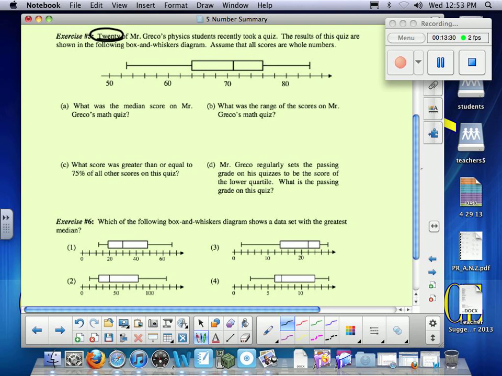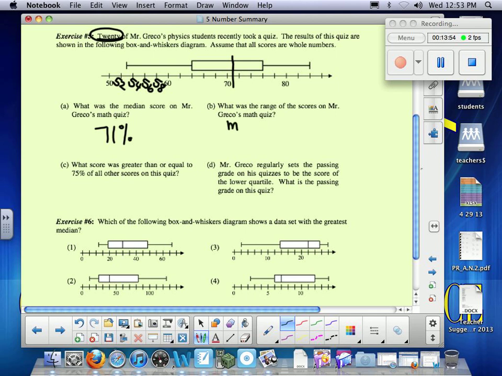Twos. So this is 52, 54, 56, 58. Okay, that works. So where's the median? 71, because it's right here. So 71%. Great.